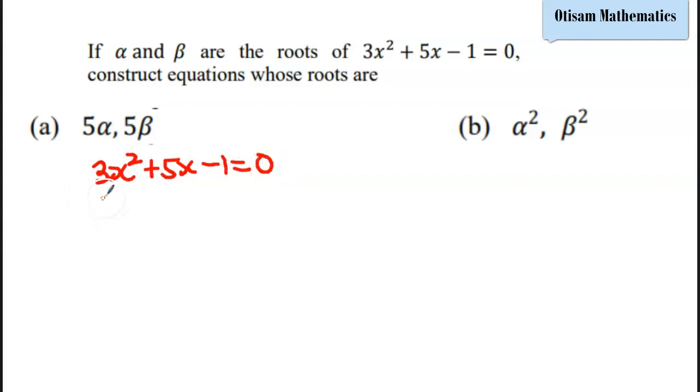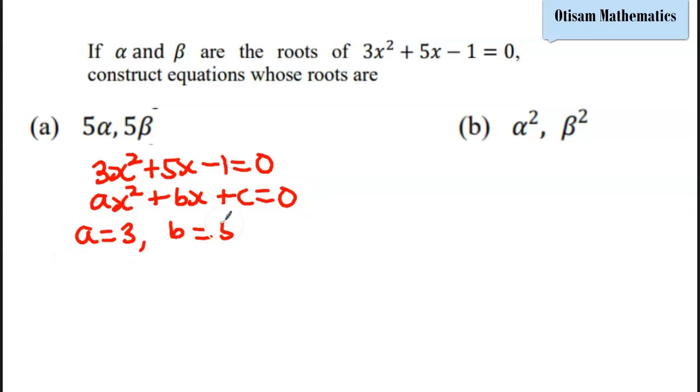So comparing this one with the standard equation, ax squared plus bx plus c is equal to 0, we have our a to be 3, b to be 5, and then c to be minus 1. In that case, we first find the sum of roots. So sum of roots will now be, the new root is 5 alpha plus 5 beta.